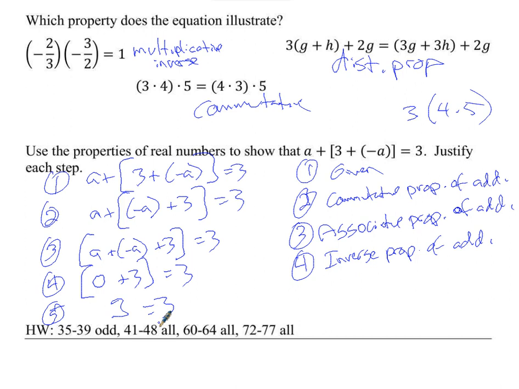Show that this whole thing equals 3, so I proved it. And what step allowed me to do that? The additive identity property. Or you could have written the identity property of addition. Same thing. That completes the proof.